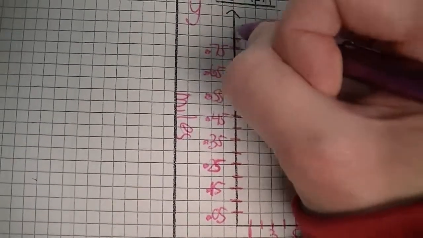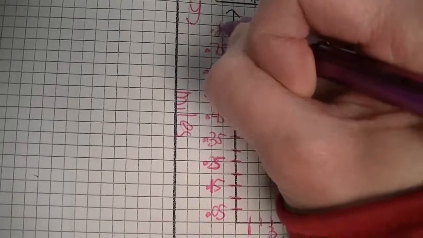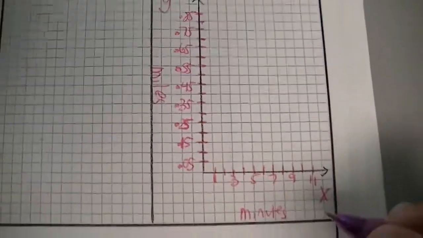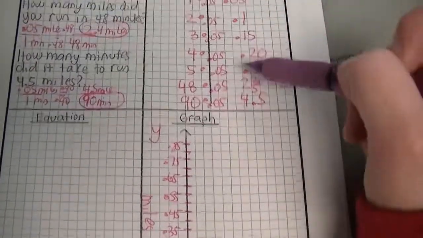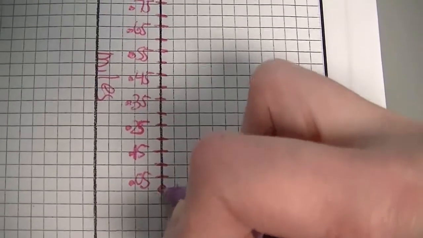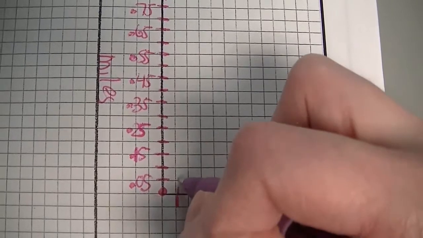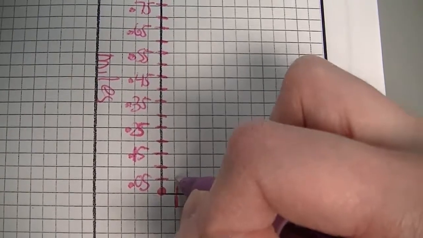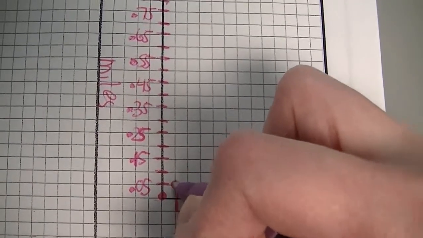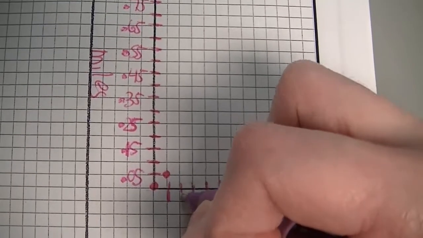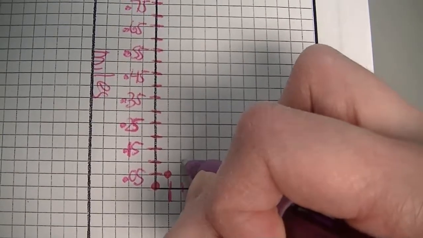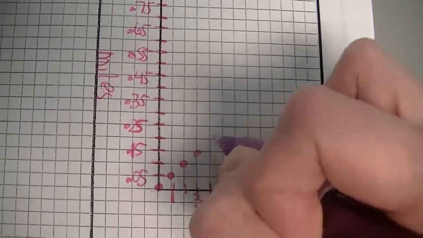Right here would be 0.8, so this is 0.85. Okay, let's fill in our values. Just some of the values in here. 0, 0, 0, 0. And then I'm just kind of looking at the table. I know I'm not going to put the camera up there. 1 and 1 comma 5 hundredths, 2 comma 1/10, and so on and so forth.